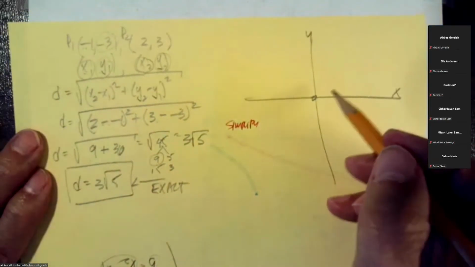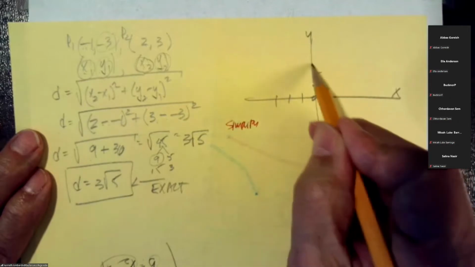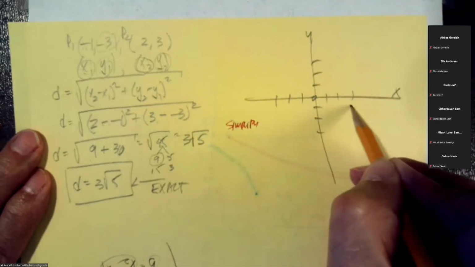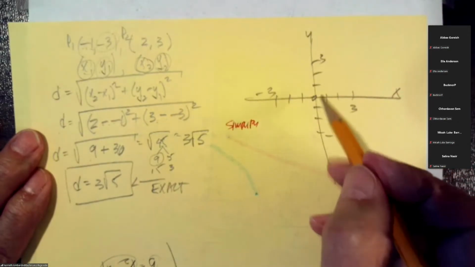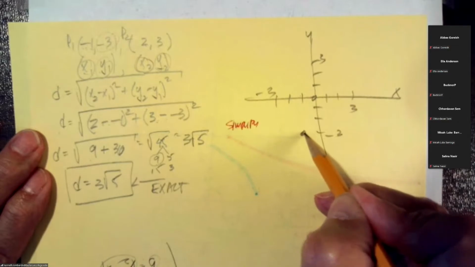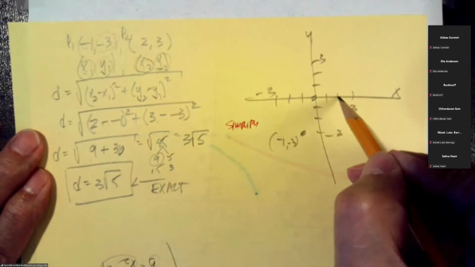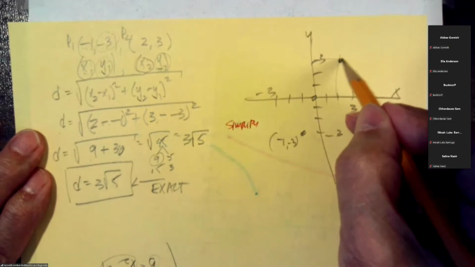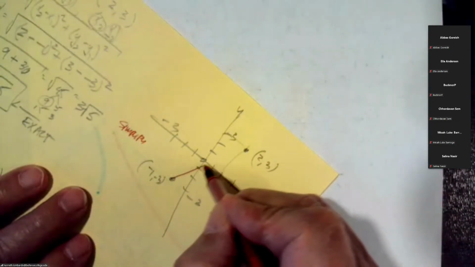Now I could plot these if I wanted to. 1, 2, 3, 1, 2, 3. Negative 1, negative 3, it looks like that's down here. And 2 and 3 looks like that's up here. So here's the line that I'm looking for.